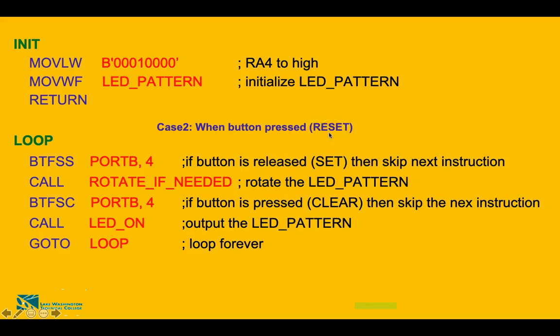So this is the second case. When the button is pressed, what will happen? It's going to do a bit test, test the bit, skip if set. It is not set right now, so it is not going to skip this step. So it's going to go to this step called rotate_if_needed.